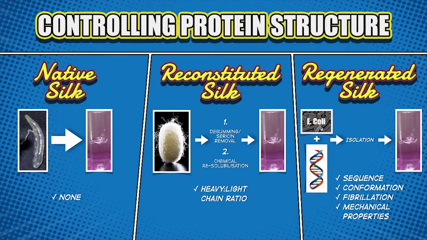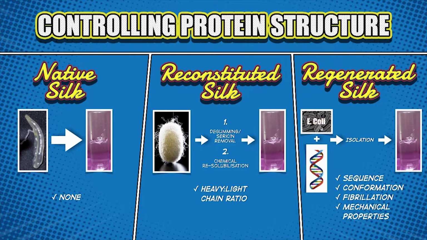How are we controlling the self-assembly process in our lab? We are basically using 3 types of silk. The first type is native silk, the same silk which is directly extracted from the organ where the animal stores its silk. It's a silk gland. We simply cut the gland and extract the solution which is stored inside the gland.